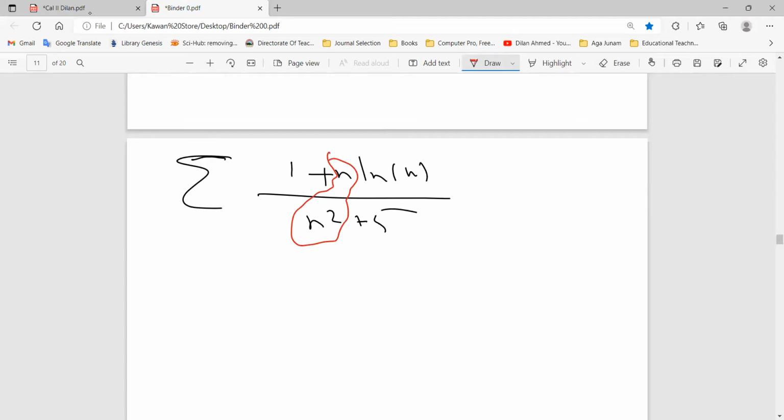Am I right? So how do I get Bn in here? So Bn is equal to what? Diverge or converge? Harmonic. Diverge, am I right?